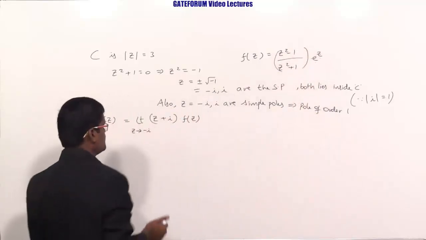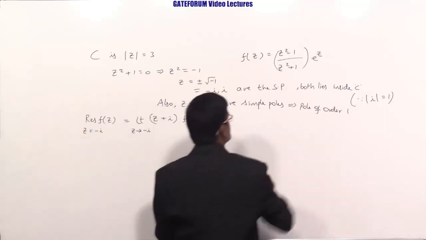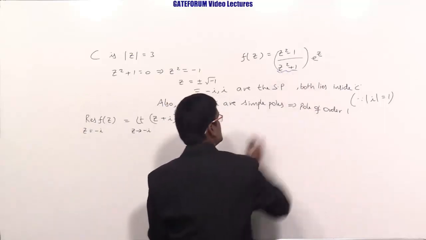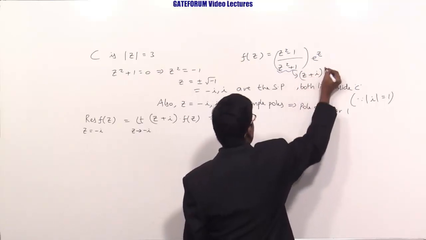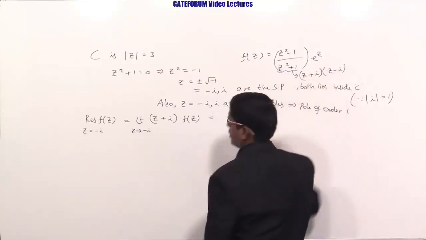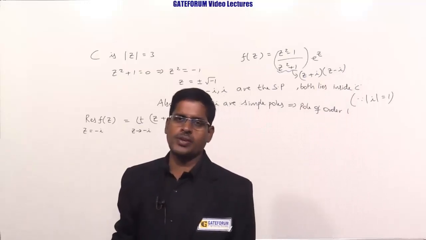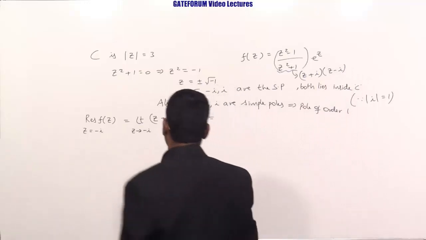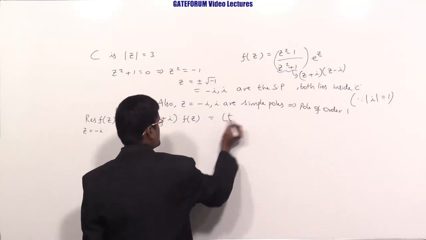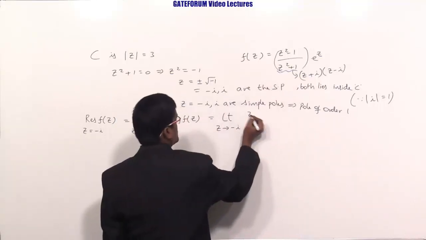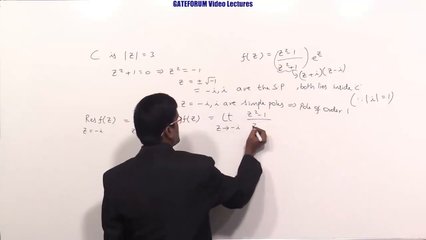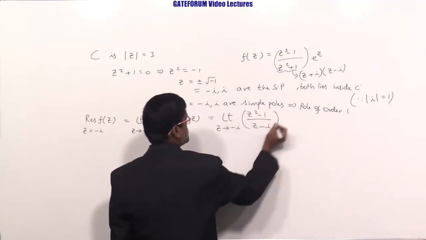Okay, so this denominator z square plus 1 has factors: one is z plus i, the other is z minus i. (a plus b) into (a minus b) is a square minus b square, and i square value is minus 1, you know that. So this is limit z tends to minus i. This z plus i cancelled here. Remaining terms: (z square minus 1) by (z minus i) into e to the power z.